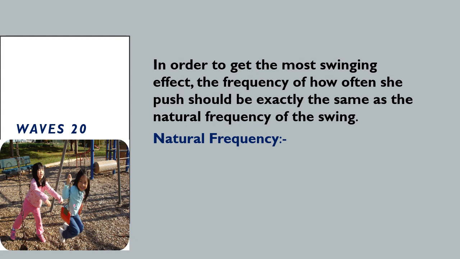What's natural frequency? It's the frequency at which this system, or this swing, vibrates normally when given energy without outside influence. There is this outside push, but when this outside push matches the natural frequency of the swing, we get the most swinging effect.